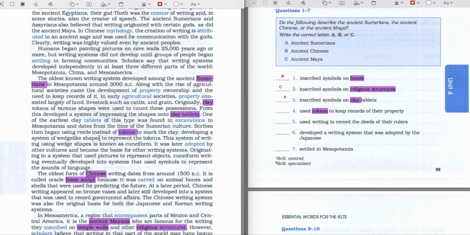Scribes then began using reeds instead of tokens to mark the clay, developing a system of wedge-like shapes to represent tokens. Okay, this is Sumerian culture. So what I'm saying is about Sumerian culture.